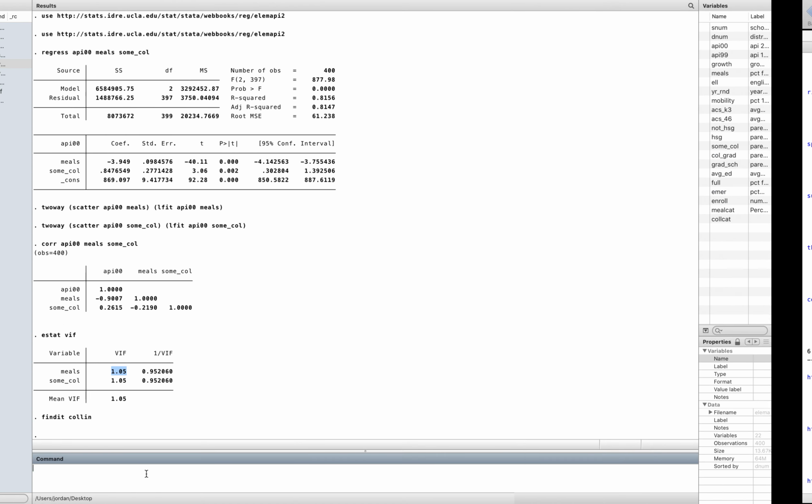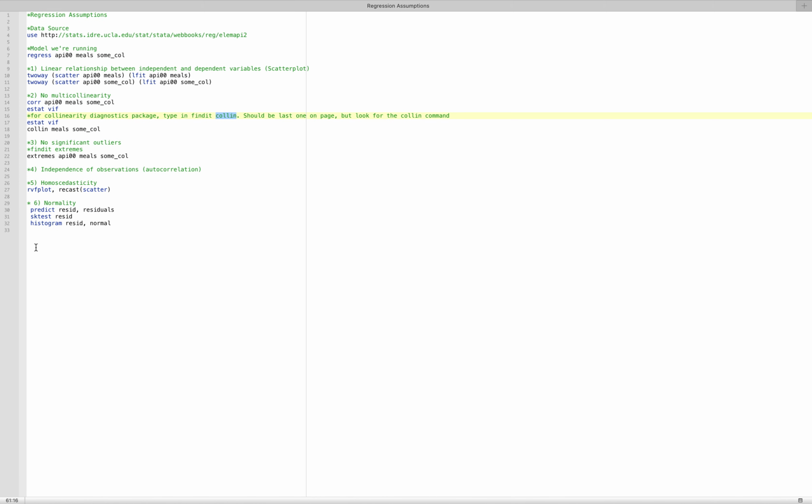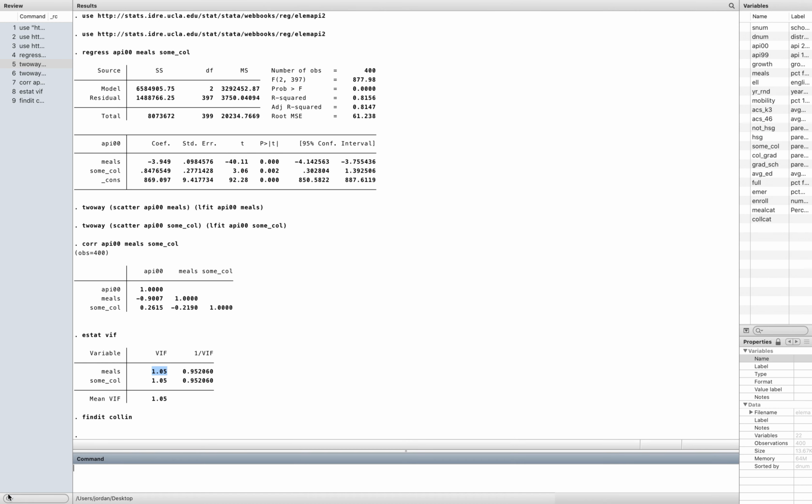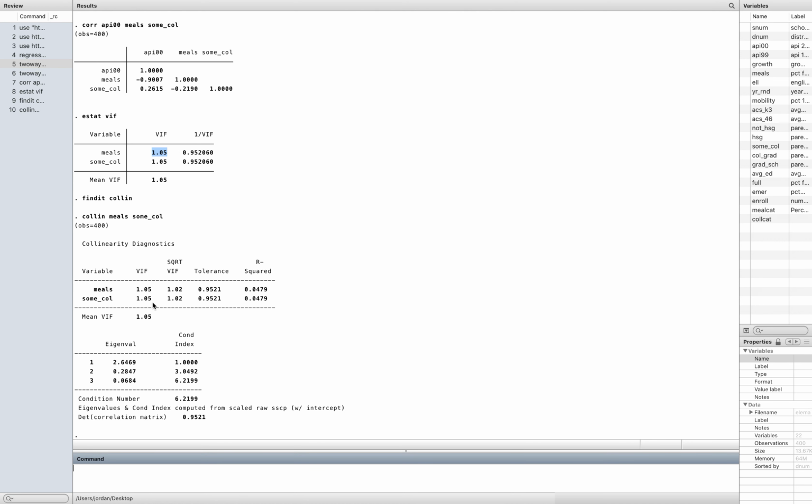But if you did that and then you put in colin as the command, meals and some college, so again, only the predictors in the model, not the outcome, and press enter, what you'll get is the VIF, the variance inflation factors.